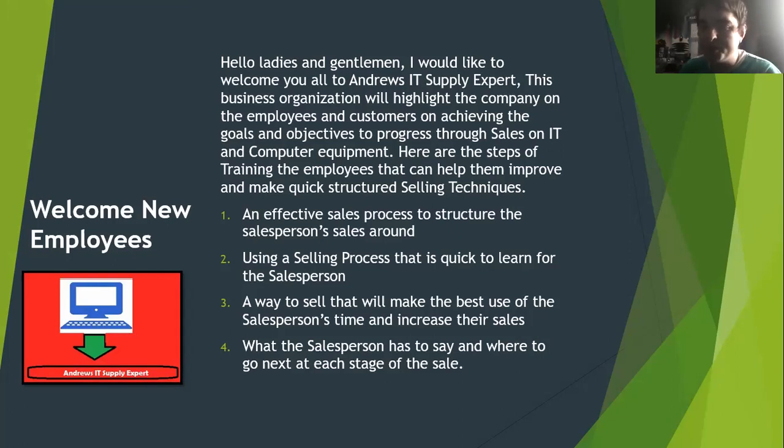Number 3 is a way to sell that will make the best use of the salesperson, increase their sales and maximize the business profitability. And number 4 is what the salesperson has to say and where to go at the next stage of their selling process.